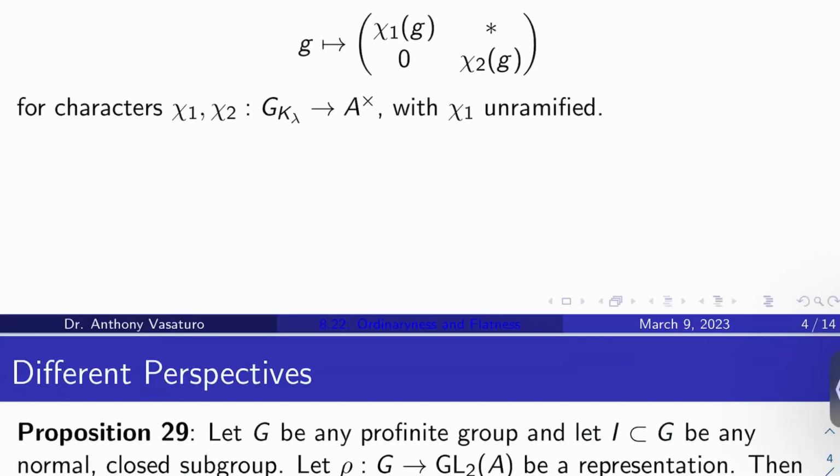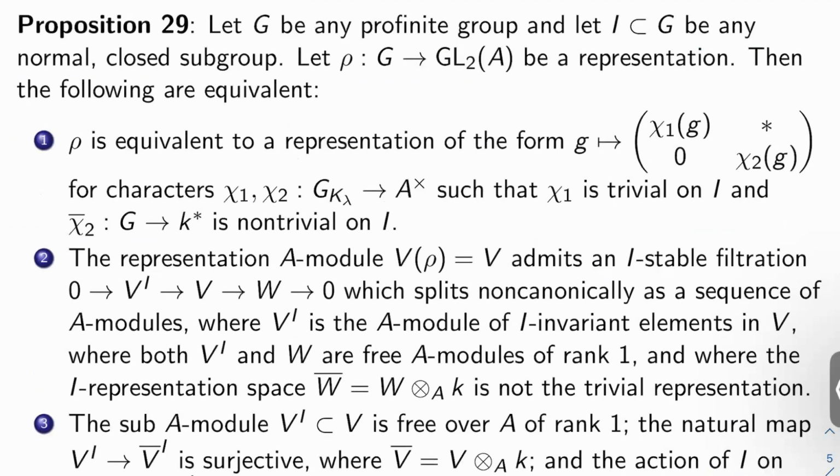All right, so different perspectives on this setup. Proposition 29: let G be any profinite group and let I in G be any normal closed subgroup. So here G can be thought of as some Galois group maybe, and I is maybe our inertia subgroup at some prime. Let rho from G to GL2 of A be a representation, and the following three things are equivalent.